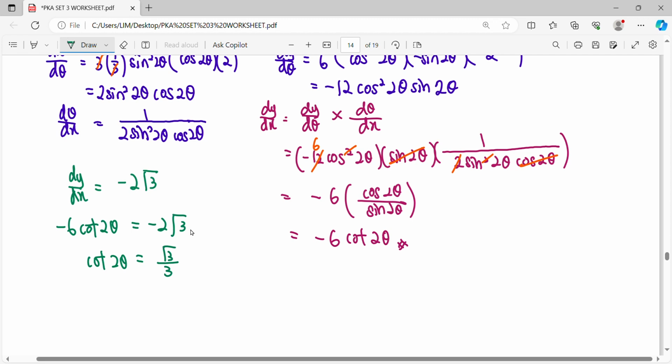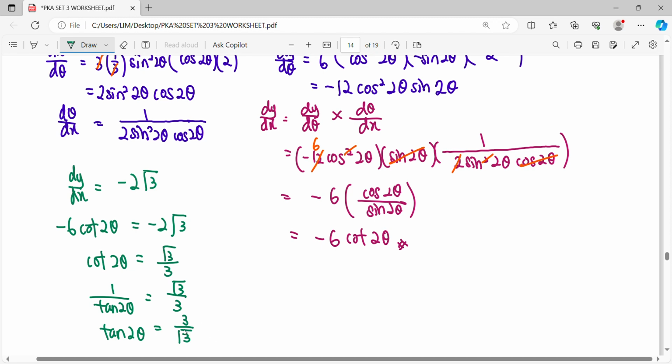Cotangent also equals 1 over tangent. So what will tangent 2 theta be? We inverse it, it will be root 3 over 3. Okay, so this is the equation ready to find theta.